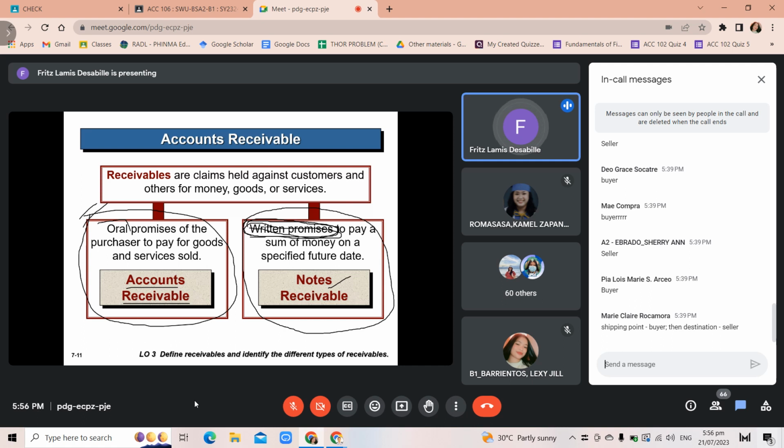But of course, in our day and age right now, if you have an accounts receivable, it is almost always going to be written. Evidences of accounts receivable are delivery documents, shipping documents, sales documents. So if you sold something to someone, there is an account receivable, and that is evidenced by a sales invoice. Okay?